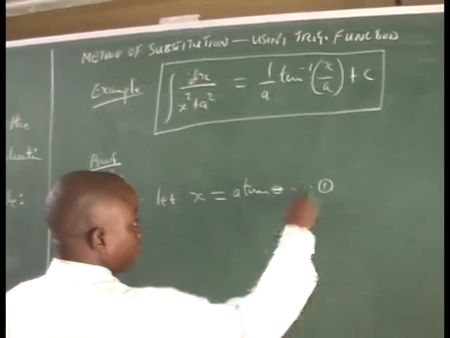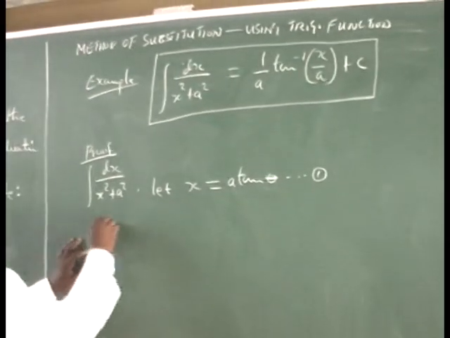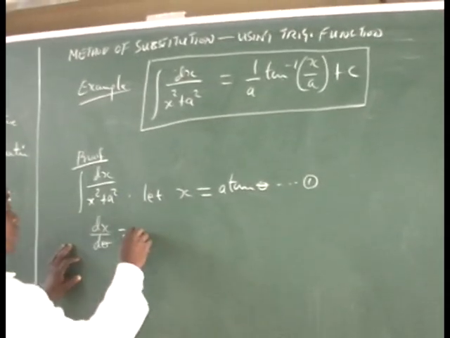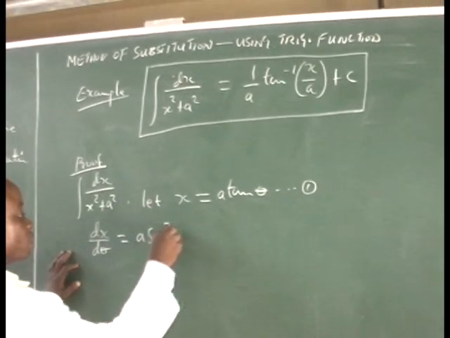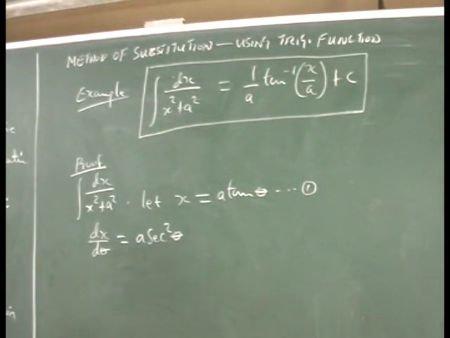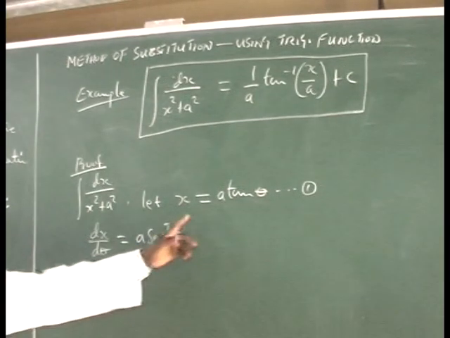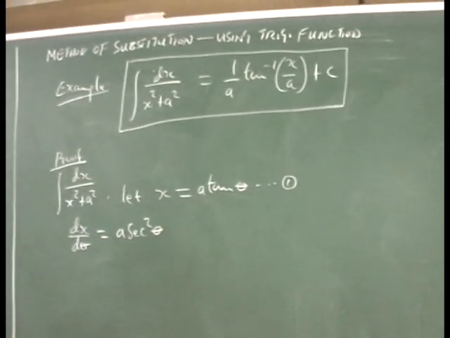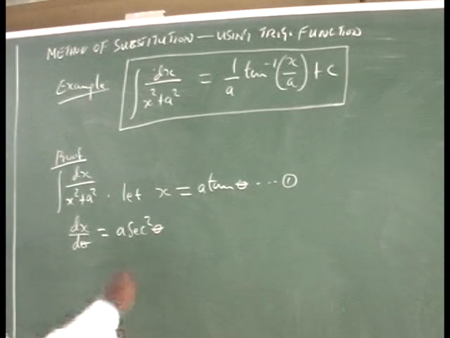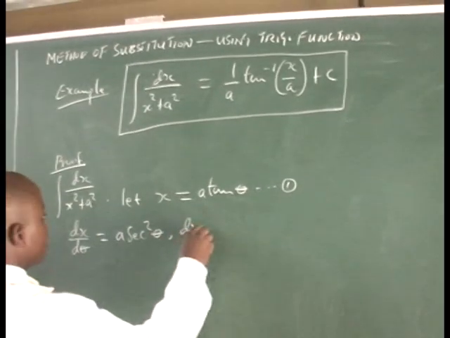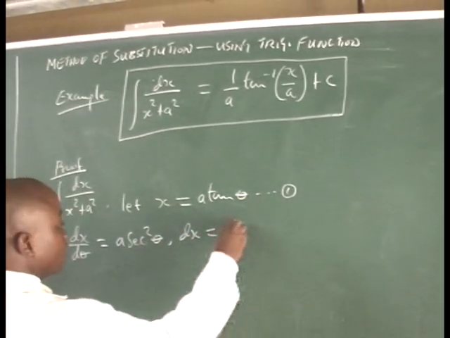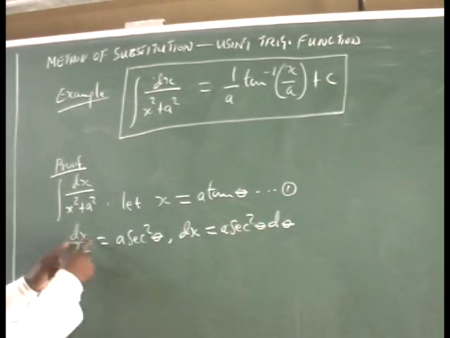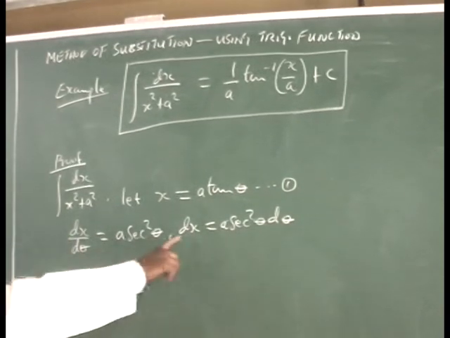Call this equation 1. Then dx over d theta will be equal to a sec squared theta. That is what we know, that if you differentiate tan theta, you have sec squared theta, which implies that dx will be equal to a sec squared theta d theta. That is, if you make dx the subject of the formula here, you have this.